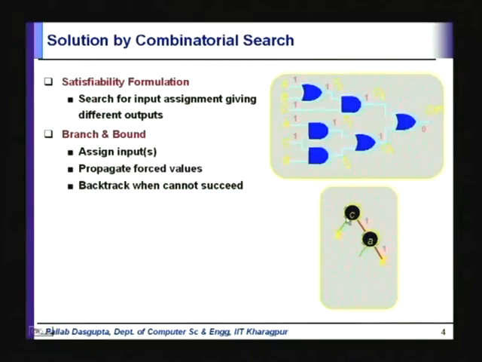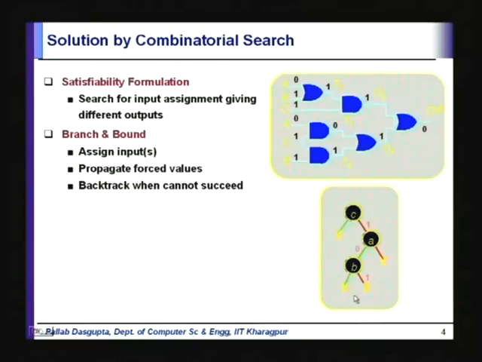So we look at C is 1 and A is 0. Again we are unable to determine the values of O1 and O2, so we now take the value of B, and if B is also 0, we see that the difference is again 0. So we discard this path, and there is only one more path left: C is 1, A is 0 and B is 1, and in that one also we find that the difference is 0.